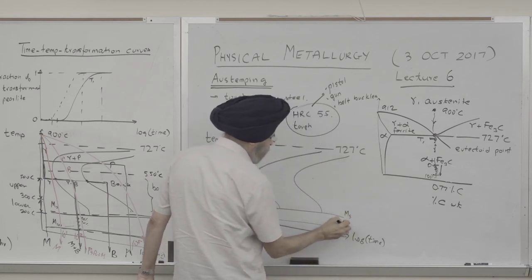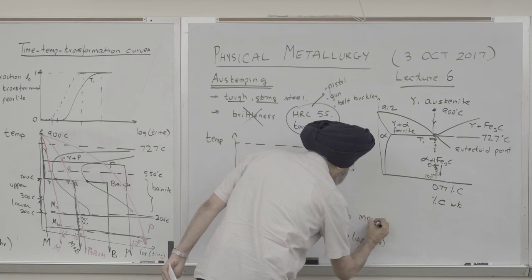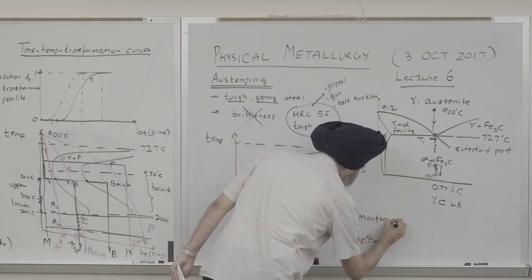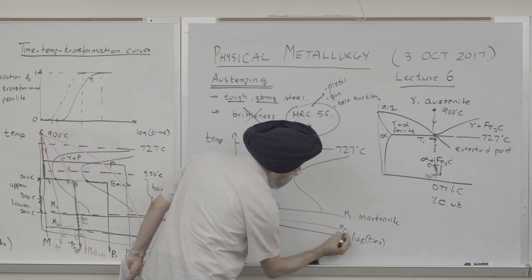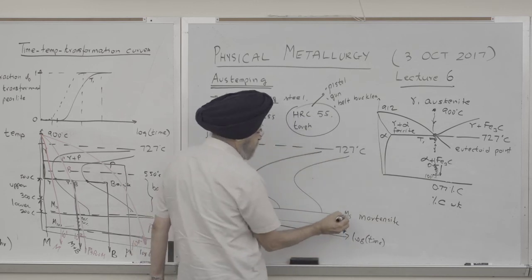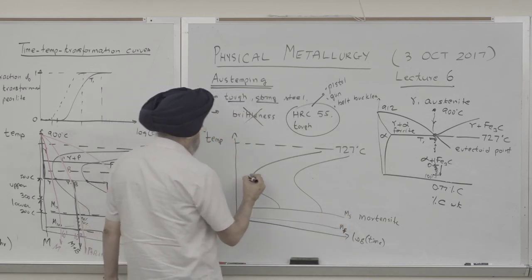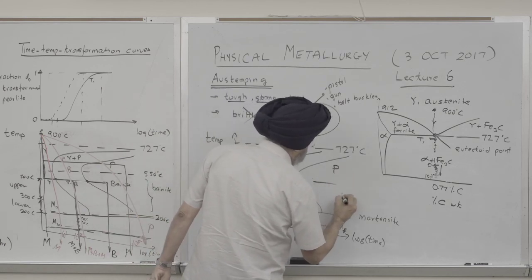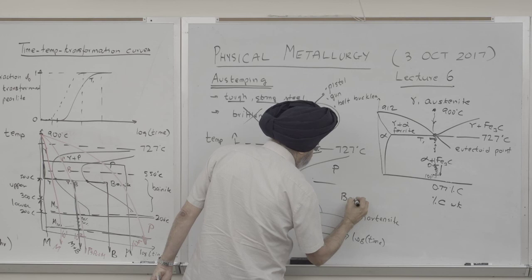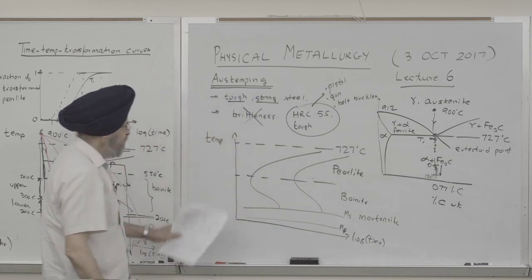So start of martensite transformation, and this is the finish of martensite transformation. And as we already discussed, this is the pearlitic region, this is the bainitic region. So bainite forms over here, pearlite forms over here when you do isothermal transformation.